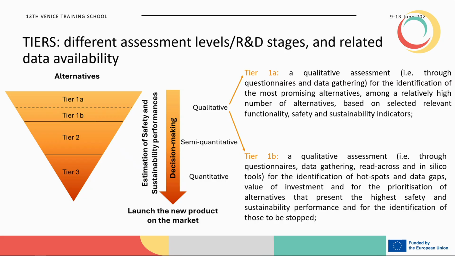Once we have a decreased number of alternatives, we can use another tier that is also a qualitative assessment, but it is composed of more questions that go into more detail in the assessment. This can support the identification of additional hotspots, but especially of data gaps, because we need to identify which information we need to go on with the assessment.